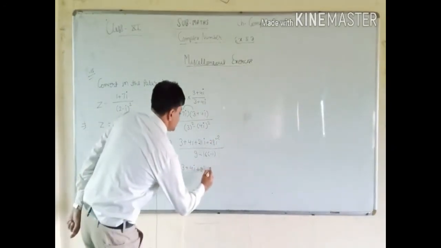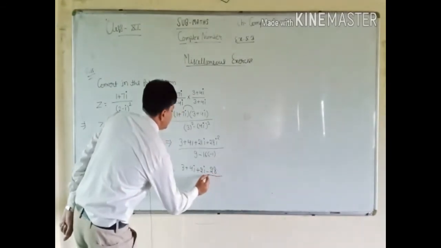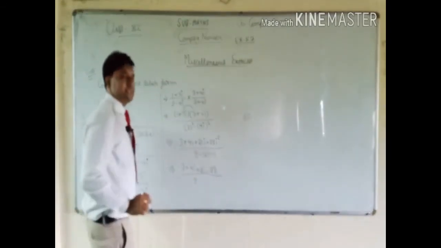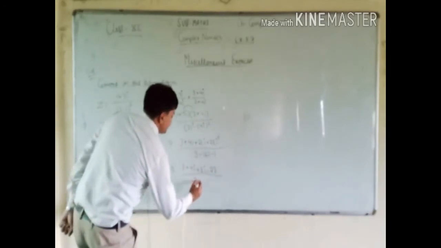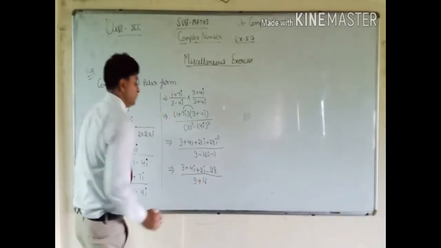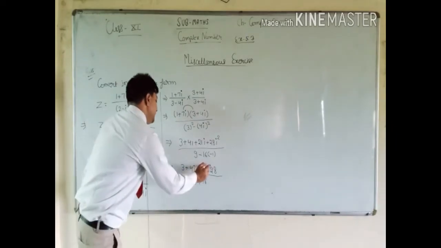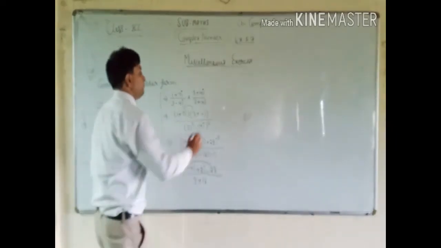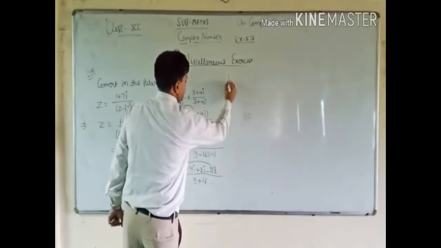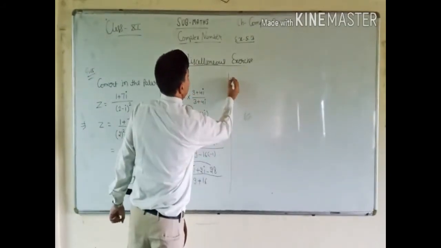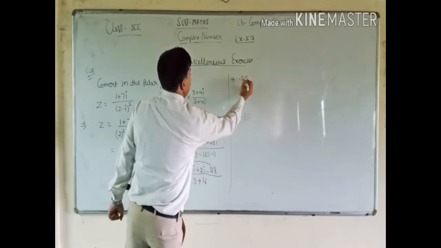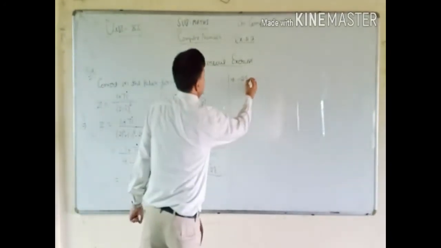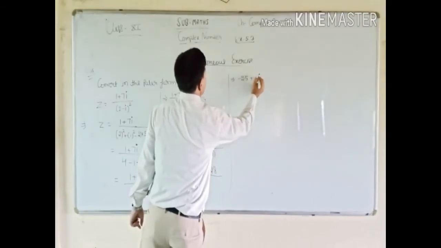So this is −28 upon 9 minus minus is equal to plus, then plus 16. We know that 3 − 28, when we solve this, we find −25, and 4i + 21i is equal to 25i.